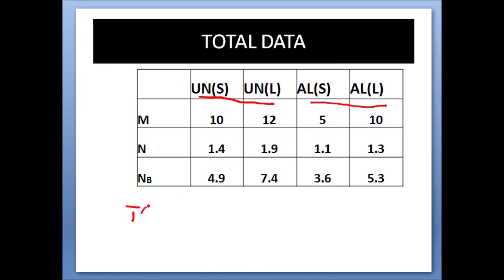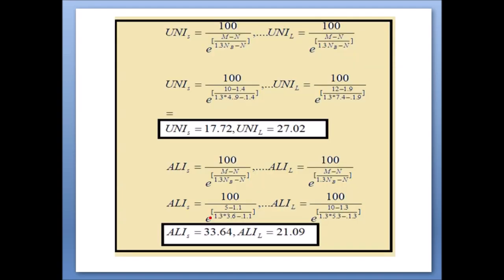Now using this data we will find TQI combined. First UNIS, the unevenness index over short chord, which is equal to 100 by e power (M minus N) by (1.3 NB minus N). So 100 divided by e power (10 minus 1.4) by (1.3 into 4.9 minus 1.4), taking e as 2.72.